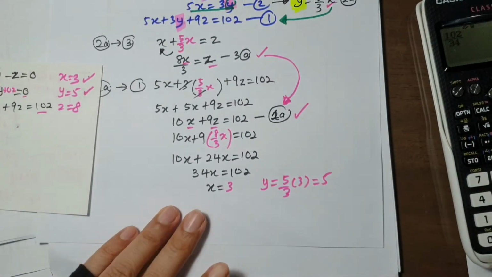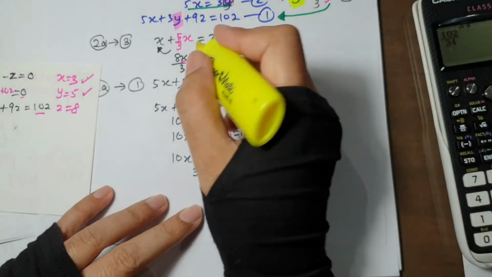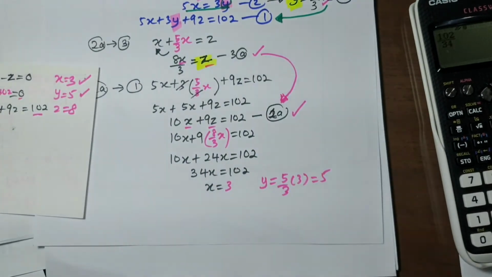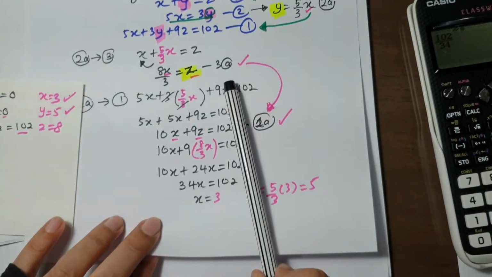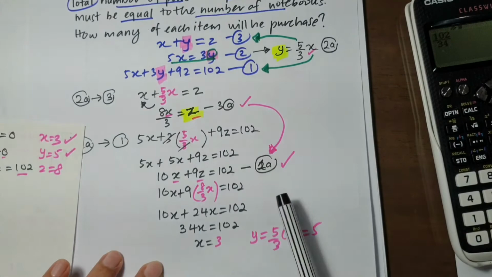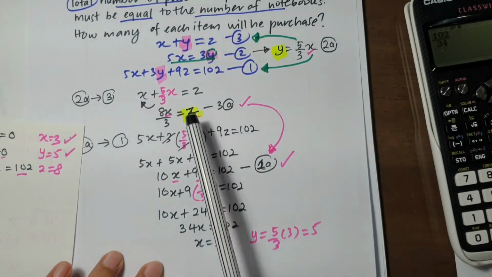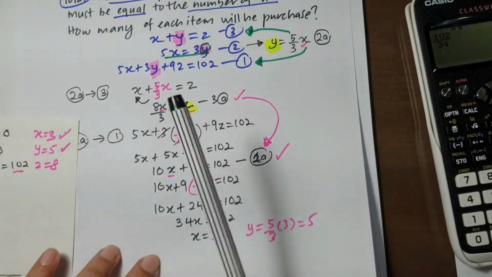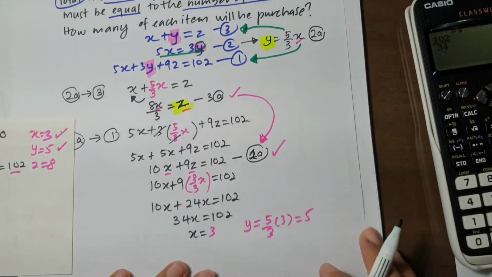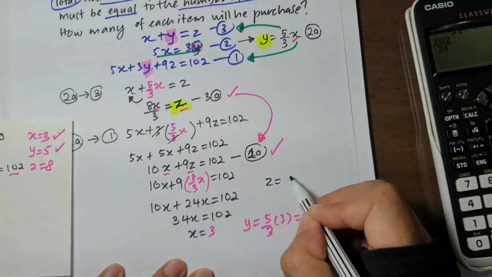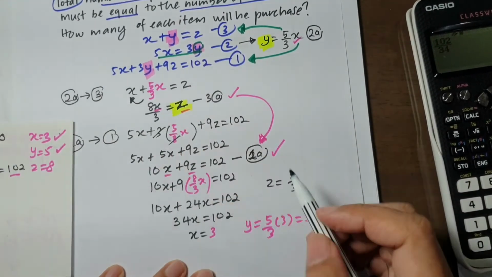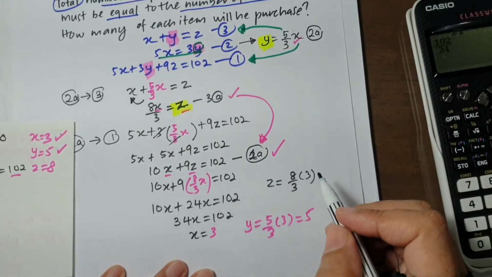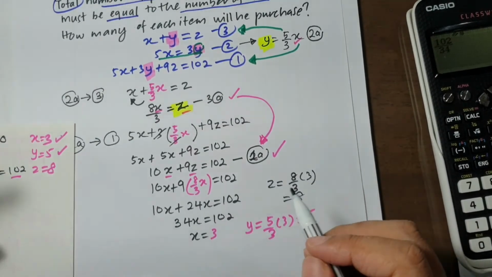So the same, look for which equation has z as the subject. This one, right? Okay, so substitute into this equation. So z is 8/3x. x is 3. So you get 8.